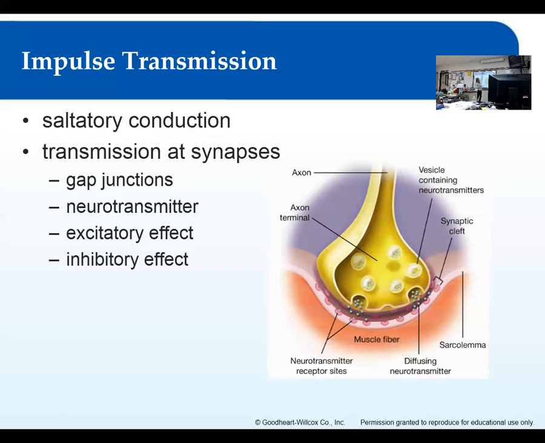So when this has depolarized and the message is being sent through, these little vesicles that hold the neurotransmitters make their way to the end. The membrane around them combines with the outside of the cell and then it empties. Anybody remember the name of this type of cell membrane transport?